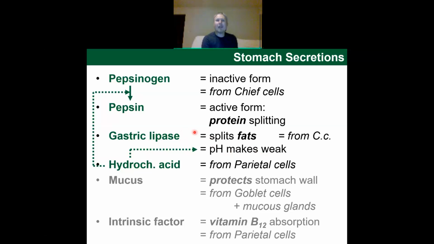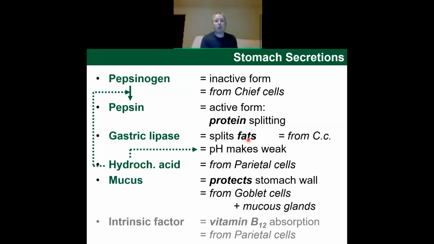It doesn't work well. It's only once these materials leave the stomach that the pH neutralizes. It's no longer as acidic in the small intestines, when the gastric lipase can start working really well in breaking the fats. So the proteins were the one exception that got digested in the stomach. Most others are digested only after the stomach, in the small intestines.